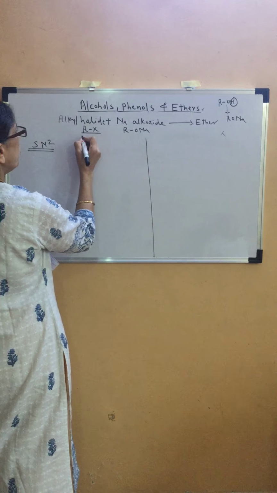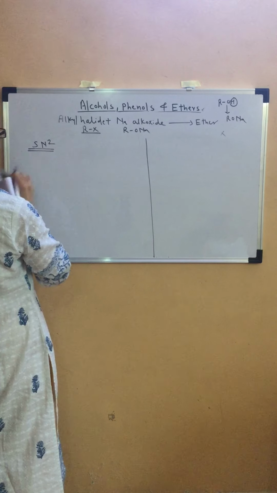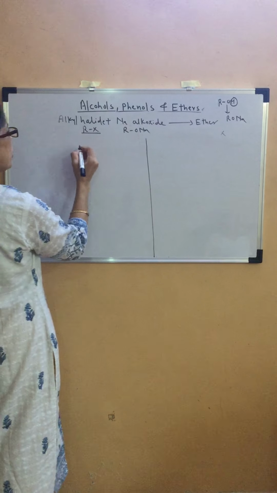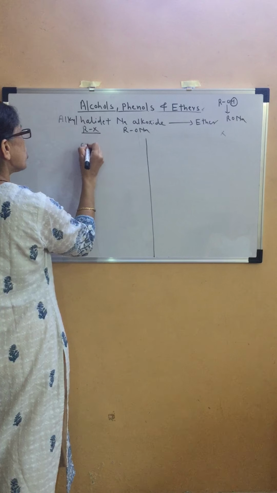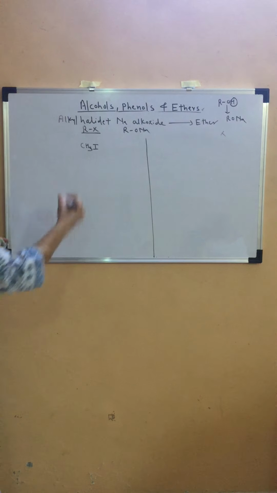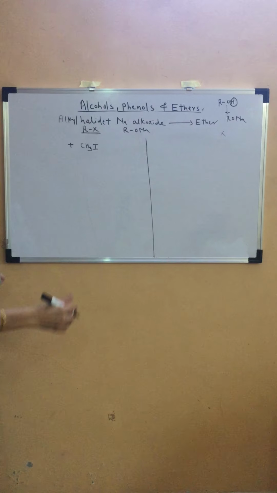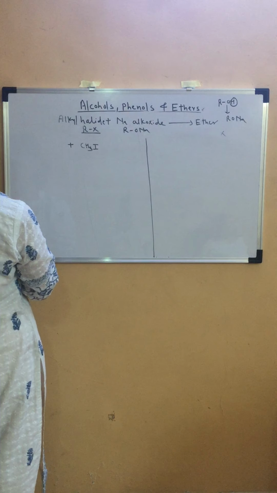Now see, if you have alkyl halide as primary alkyl halide like CH3I, it is primary alkyl halide, and if you have sodium alkoxide which is secondary or tertiary in nature. Okay, so we will take an example.